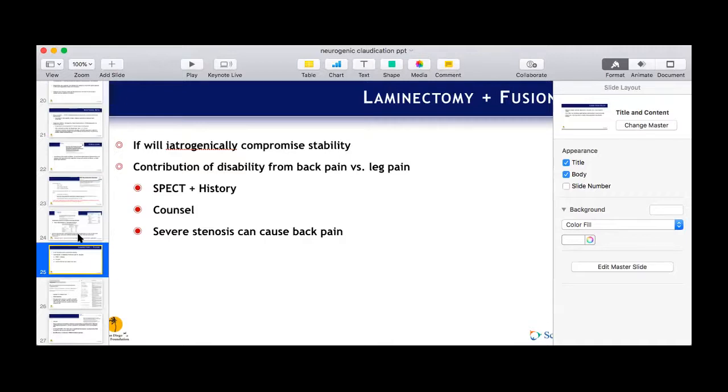Those are big health economic questions I don't have the answer to, but I tend to be a little bit cautious knowing that fact, unless somebody has instability or they happen to get a SPECT. But again, SPECTs are several thousands of dollars or a lot of radiation. I might be a little cautious about throwing SPECTs at everybody that has this relatively stable spine and stenosis, where your first inclination would be a decompression, but they have some back pain. You know what I mean? That may not be the sweet spot of that resource utilization.